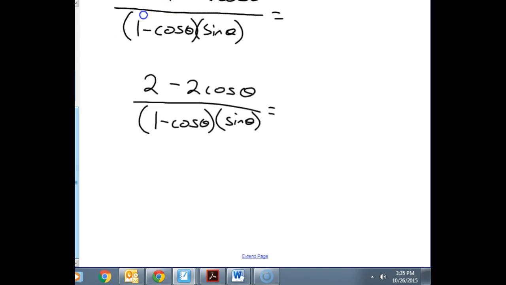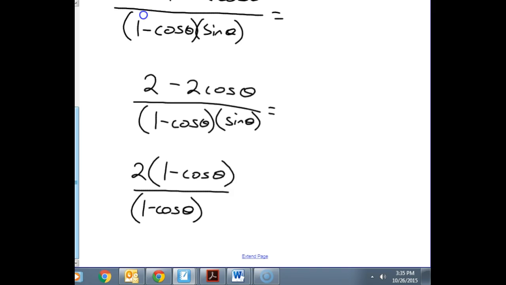Okay, I can factor out a 2, so that's 2 times 1 minus cosine of theta, and I'm sure you can see why I'm doing that right now, divided by 1 minus cosine of theta times sine of theta. Remember, whenever you're working these, always keep your goal in mind.